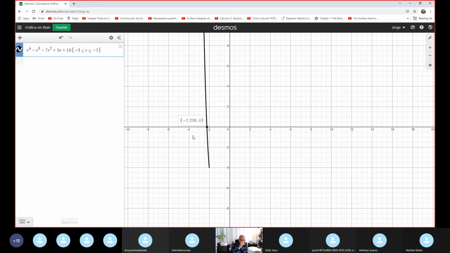Okay. So definitely, when the zero is a decimal, it's very, very complicated to try to find using synthetic division. This graph is the one possibility.